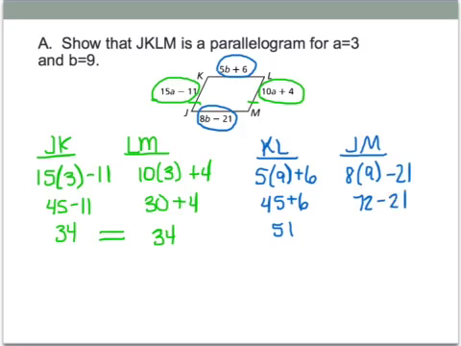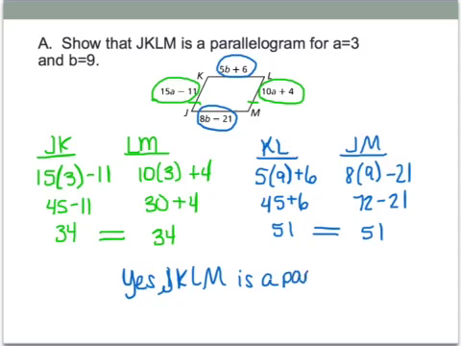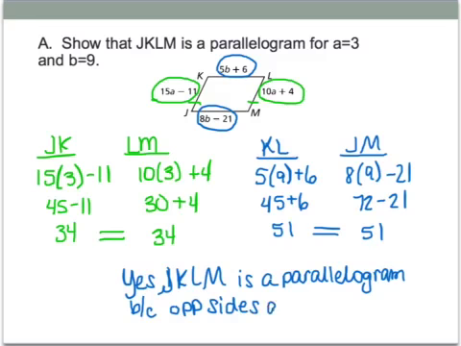I need to subtract 21. And I see that the length of segment JM is also 51 units. So yes, JKLM is a parallelogram because opposite sides are congruent.